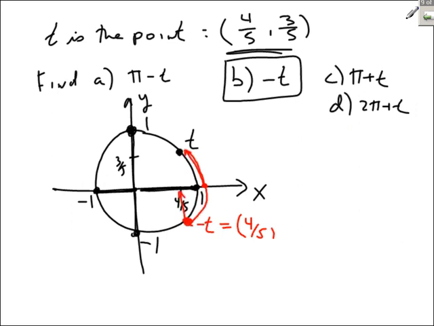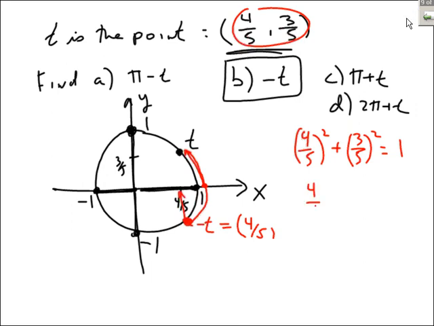It's 4 over 5. The y value, now remember, this point came to be on the unit circle because 4 over 5 squared plus 3 over 5 squared is equal to 1. Well, negative t has to live up to that as well.